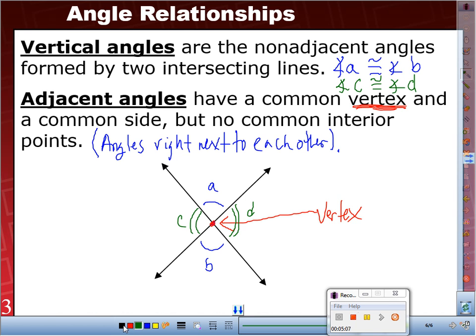All right. So first, let me clarify the term adjacent. So we covered vertical angles. We know that these are vertical, right? Adjacent means next to. So let me ask you this. Emily is sitting next to who? Andrew and Jose.